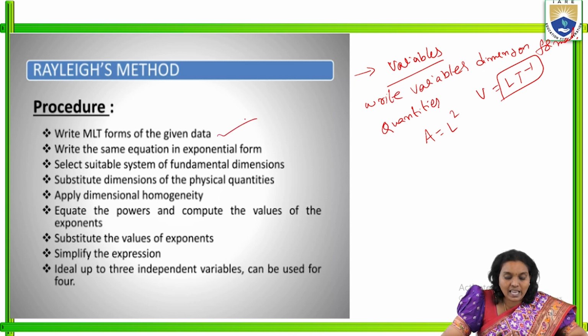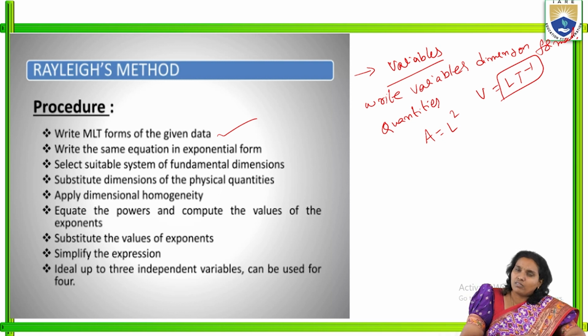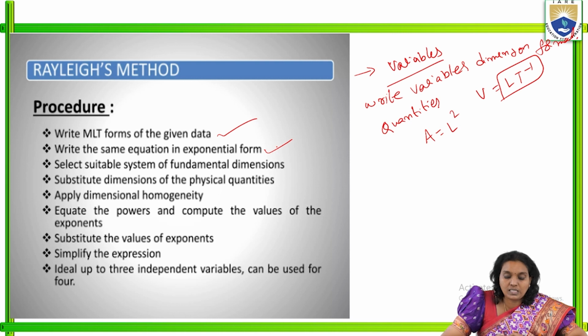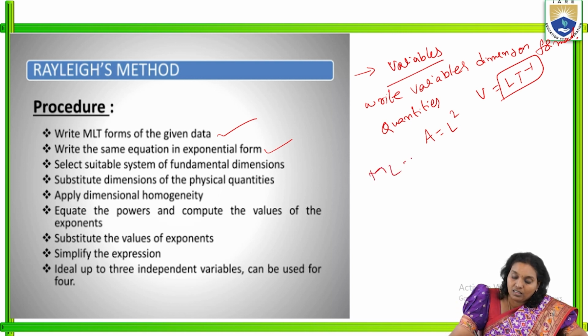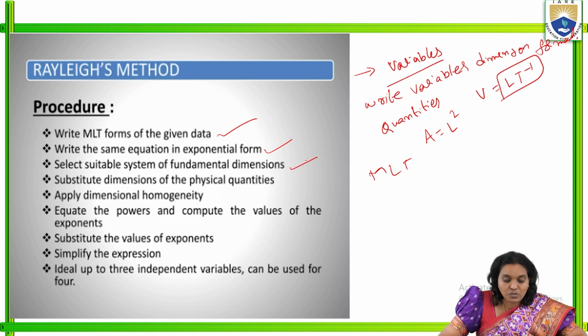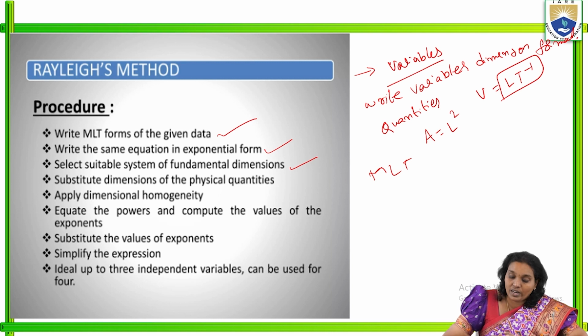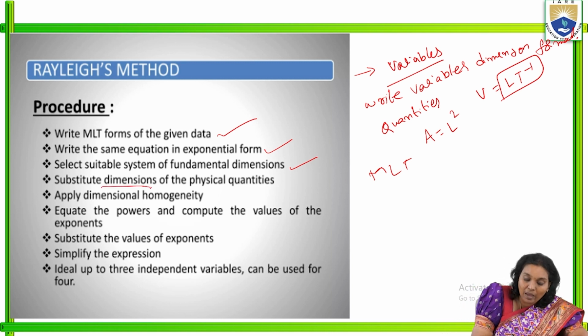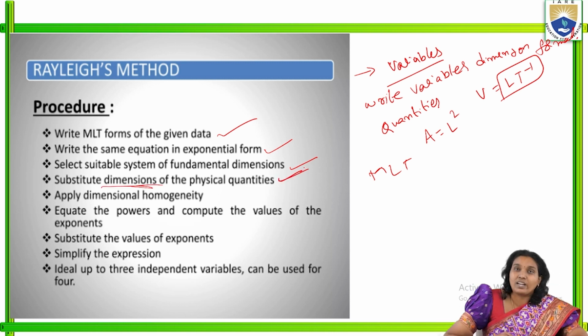The next step is to write the same equation in exponential form. Next, select a suitable system of fundamental dimensions, based on that, MLT. Substitute the dimensions of the physical quantities.